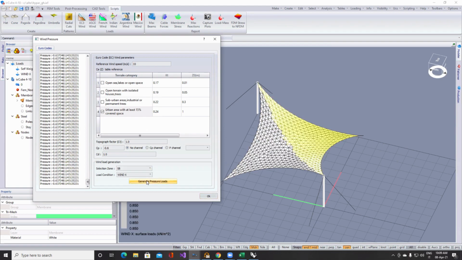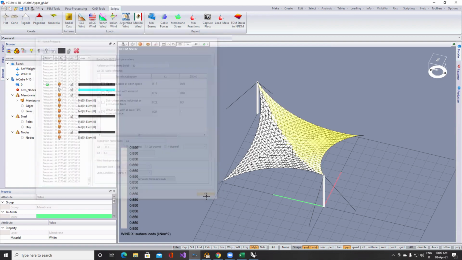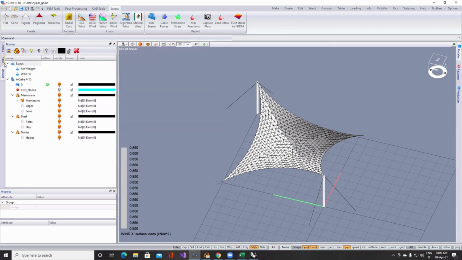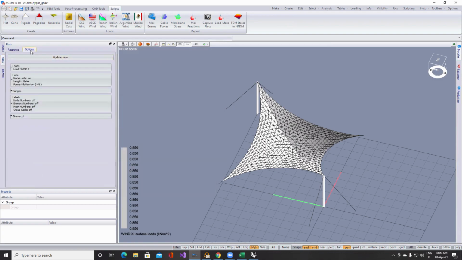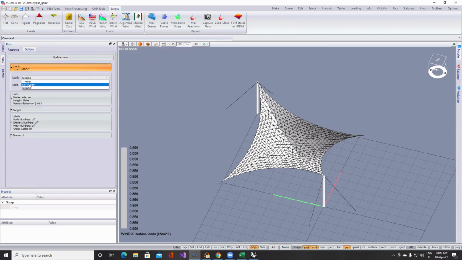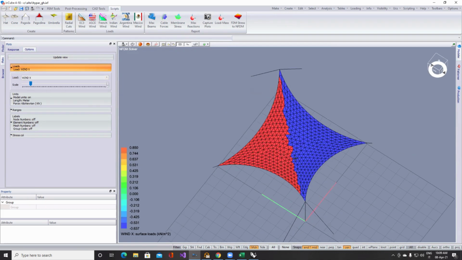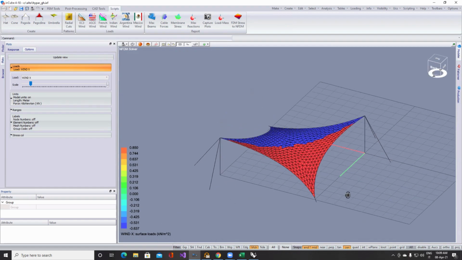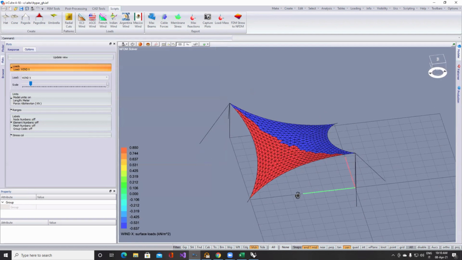Generate pressure loads, and you see here it is computing that. If we want to check these values, we can go into options, wind, and we can see here that the red is a 0.85 pressure, and the blue is minus 0.63. Okay, so this is a wind load.